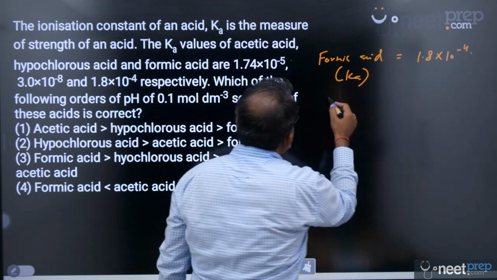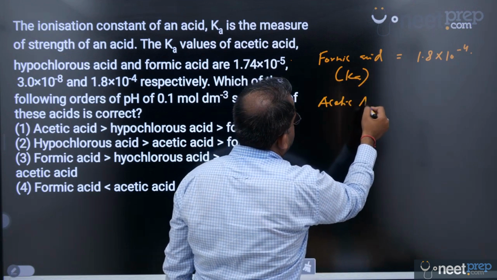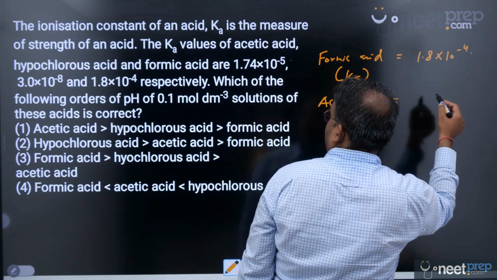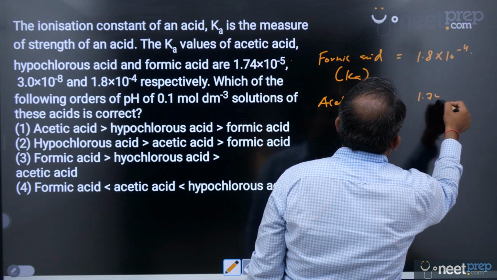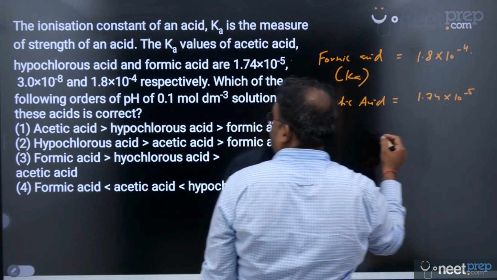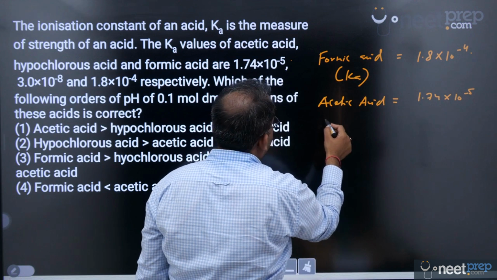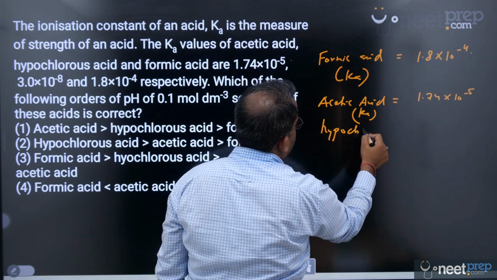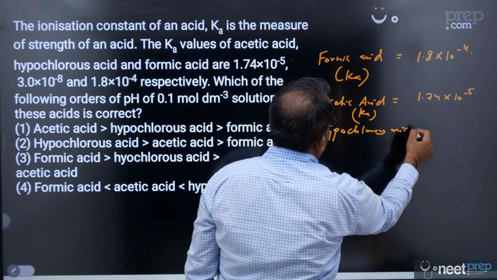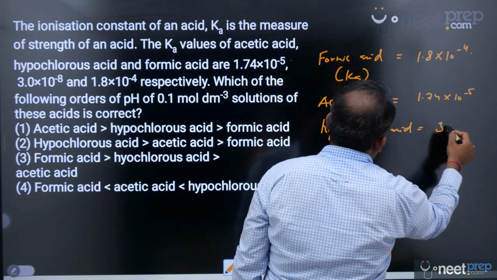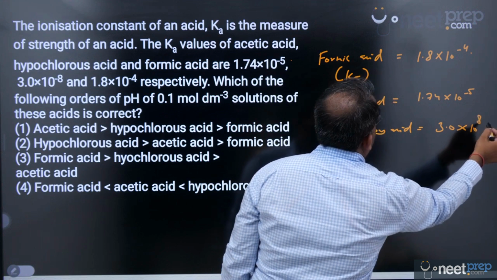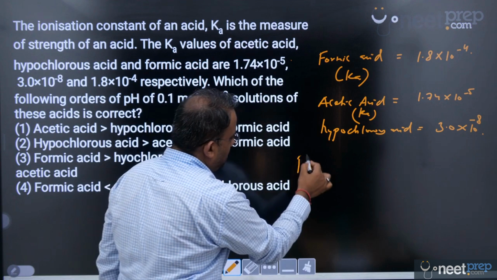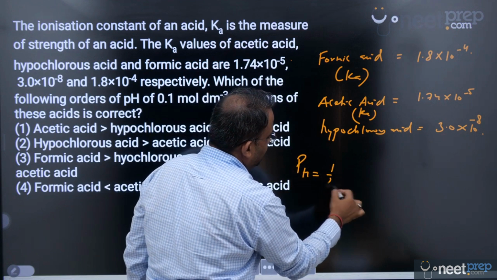For acetic acid, this value is 1.74 into 10 to the power minus 5. And for hypochlorous acid, it is the lowest, 3.0 into 10 to the power minus 8. Now pH we can calculate by this relationship.